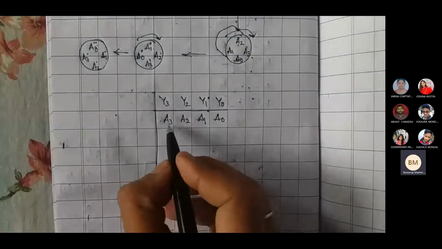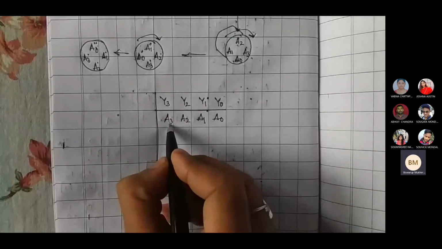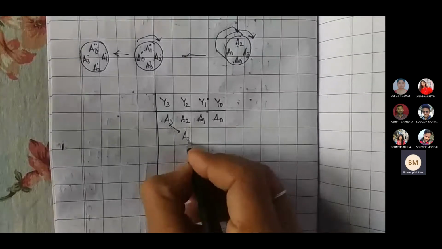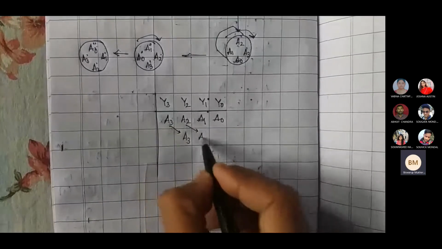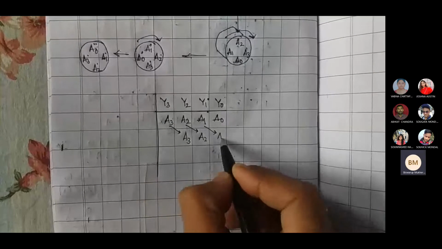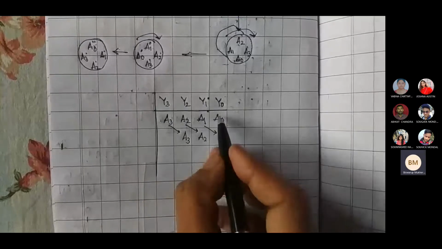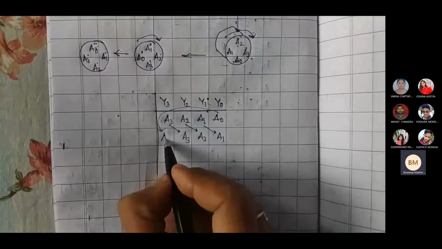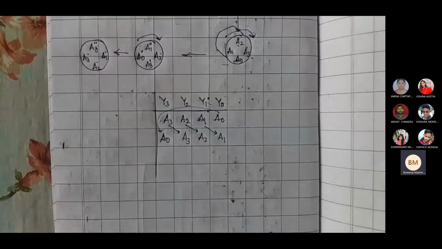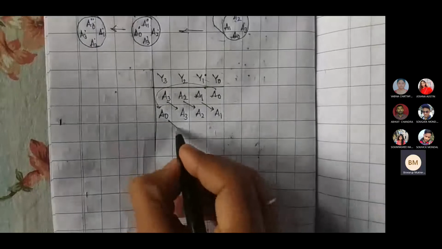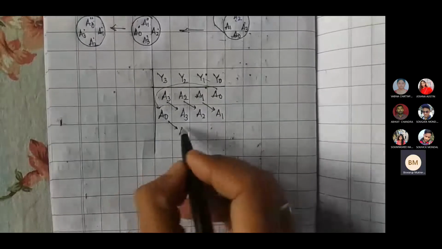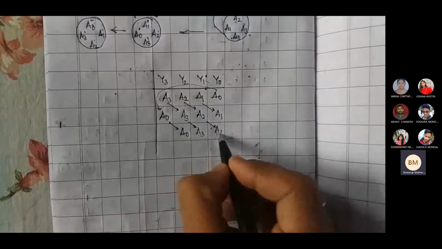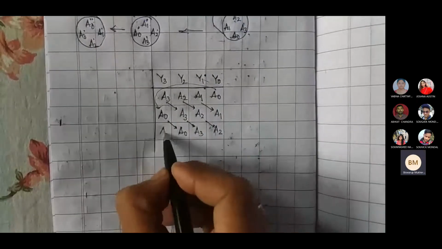So next A3 will come to the position of A2. A3 টা এখানে চলে আসবে, A2 will come right here, A1 will come right here, A0 will revert to this position. Again the same thing: A0 will come here, A3 here, A2 here, and A1 will come back here.